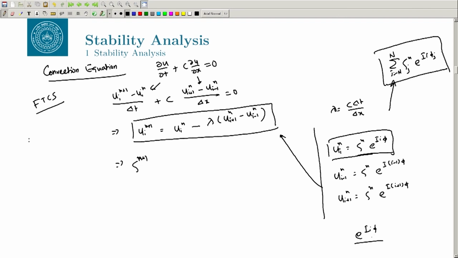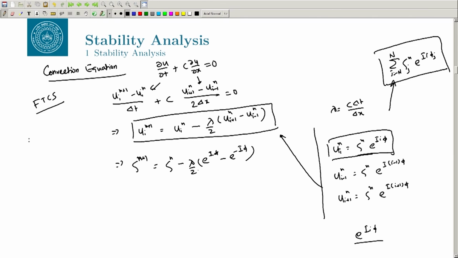Okay, it will cancel out on both the sides. It will be equal to g to the power n, minus lambda, and this will become e to the power i phi minus e to the power minus i phi. Okay, and there will be actually 2 delta x, so this is lambda by 2, right. That is the discretization scheme because it is central differencing, right.